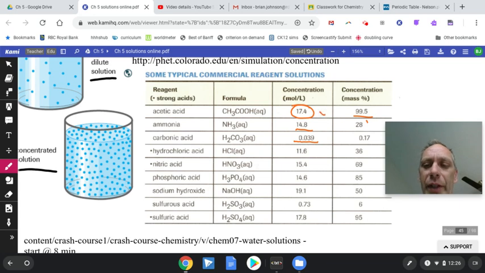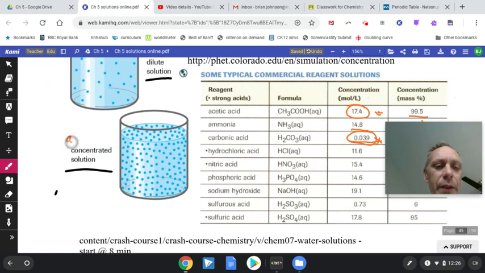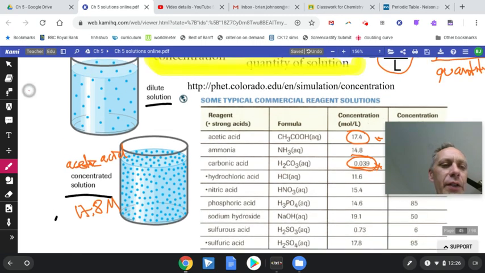So I wanted to compare these numbers, 17.4 moles per liter to 0.039 moles per liter. Using some vocabulary, I'll write it out: acetic acid is concentrated at 17.8 capital M moles per liter, and the carbonic acid, H2CO3, is dilute at 0.039 moles per liter, capital M. So this is comparing dilute to concentrated.